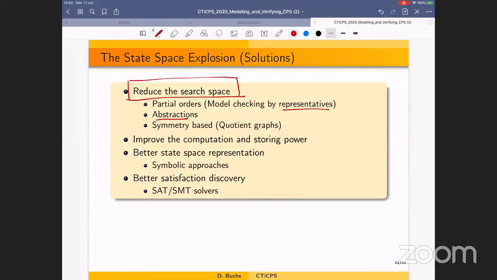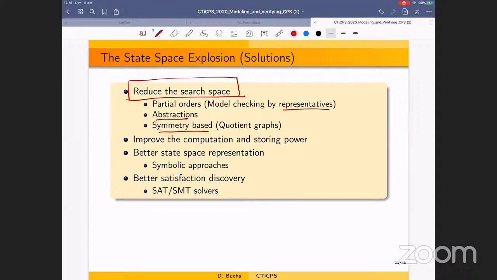So there is a process called CEGAR that can be done for detailing this refinement process, starting from a very abstract system to a very concrete one. In general, all these approaches have good cases where there is a possibility of reducing the state space really significantly, and pathological cases where you cannot do anything. So there remains a very difficult problem.